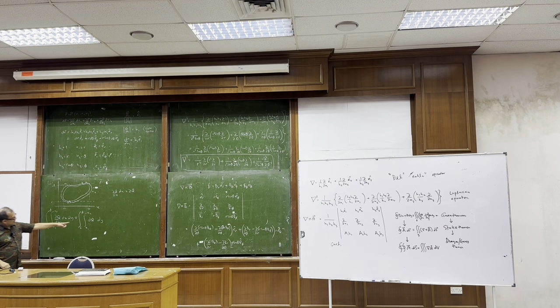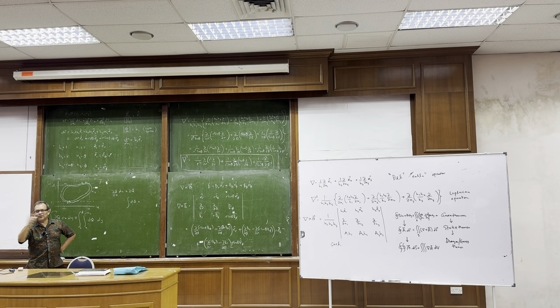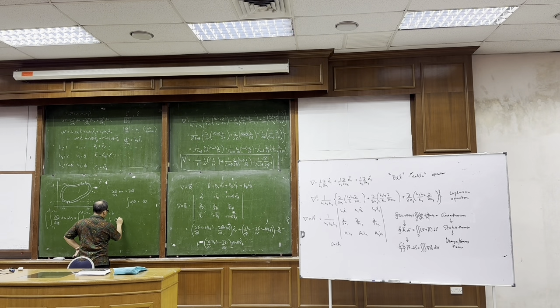So you can integrate this dQ. If you integrate dQ, you get what? Q. Q is a function of x and y. So this is the result already, from x1 to x2, and then dy.